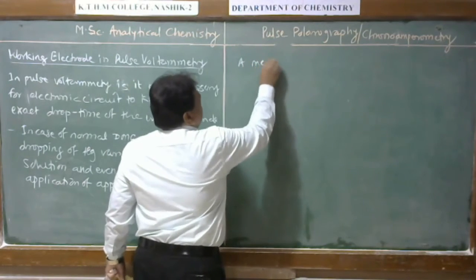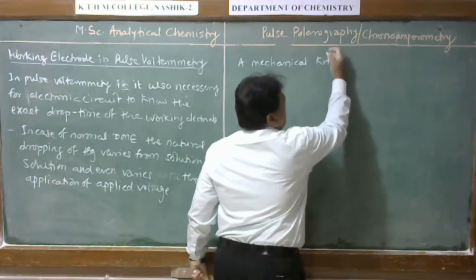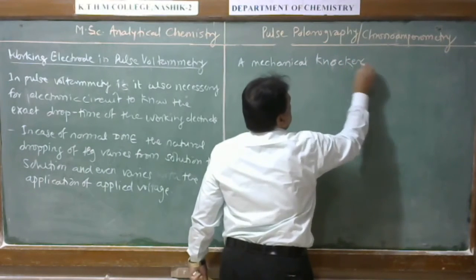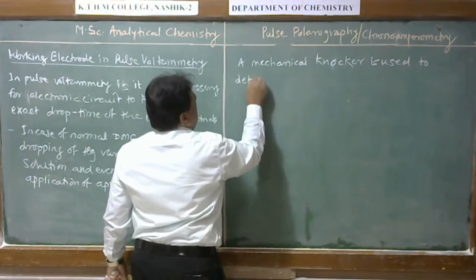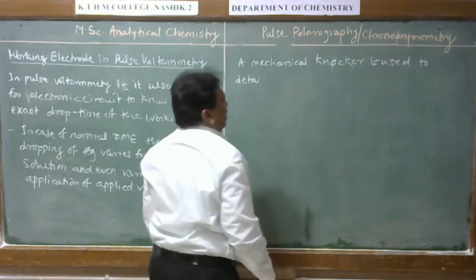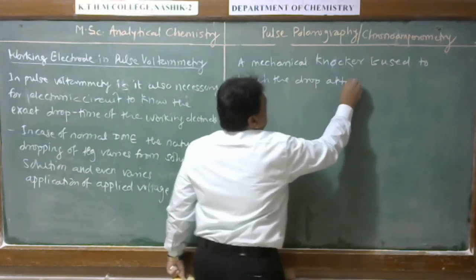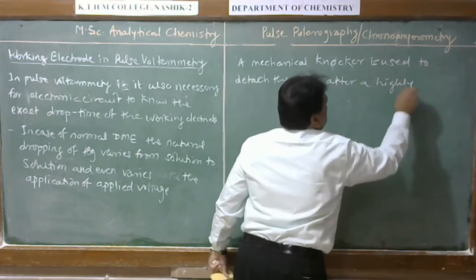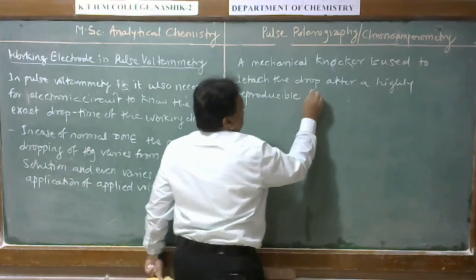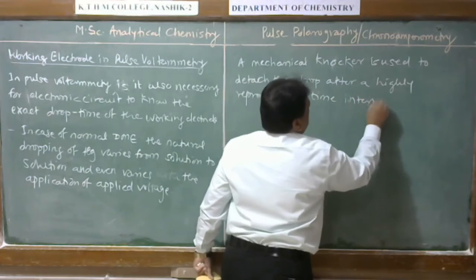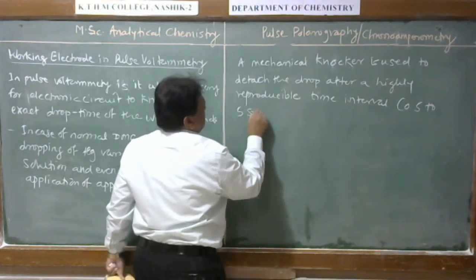A mechanical knocker is used to detach the drop after a highly reproducible time interval of 0.5 to 5 seconds.